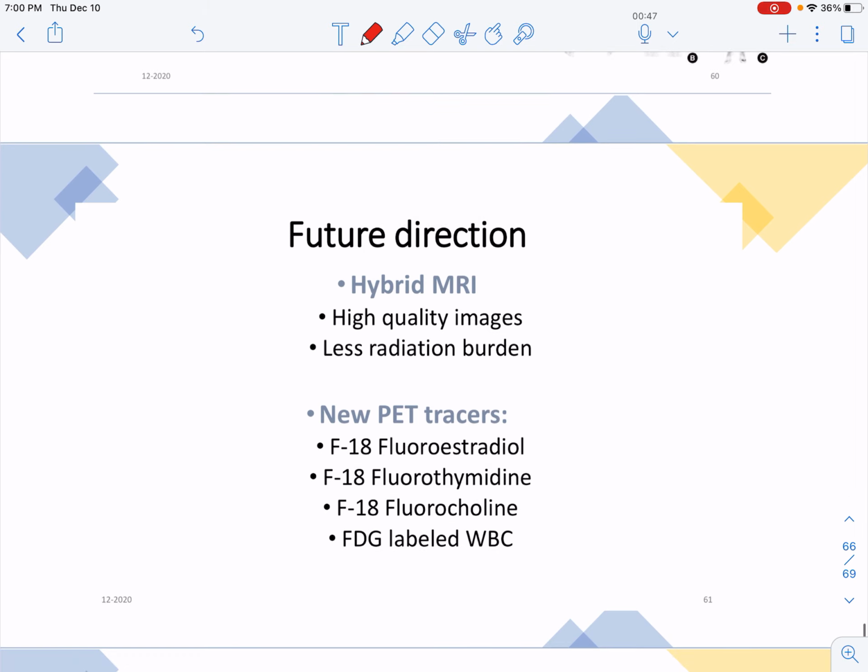And here it says future detection, hybrid MRI. It's not future anymore, because they used to say that the future of nuclear medicine is to do hybrid imaging between nuclear medicine and MRI.